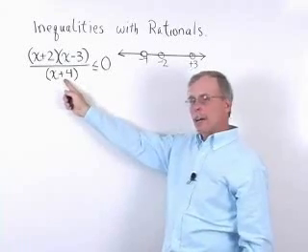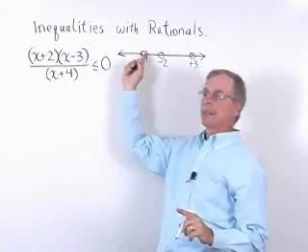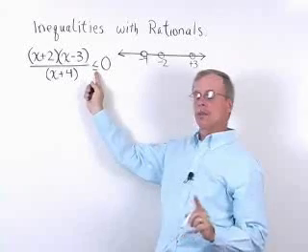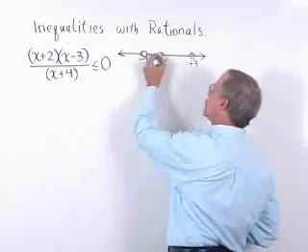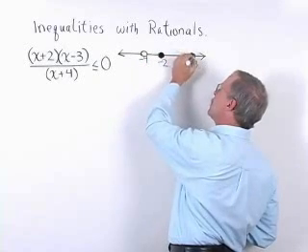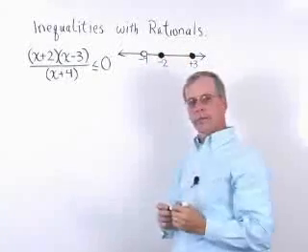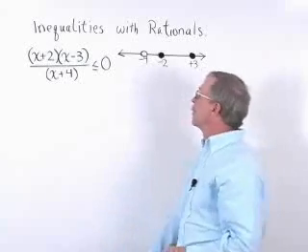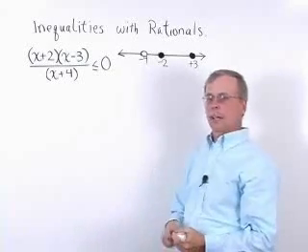We can never have x be negative 4. That's why I made that open. But because this is less than or equal to, these two dots can be filled in. They might be solutions.